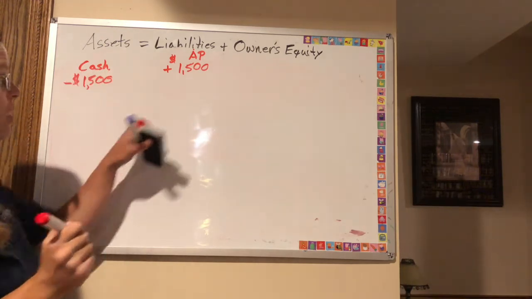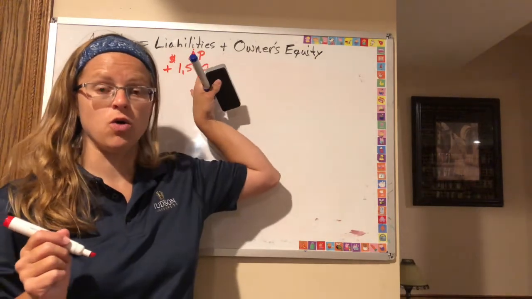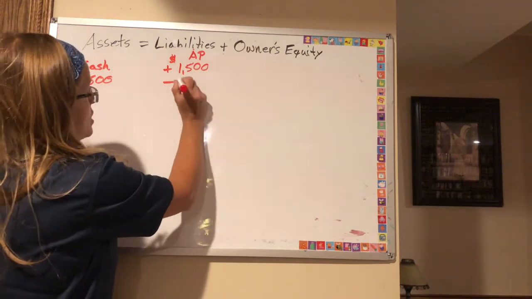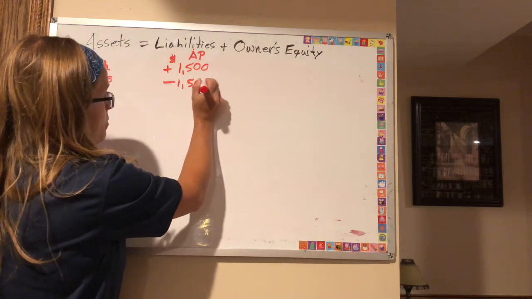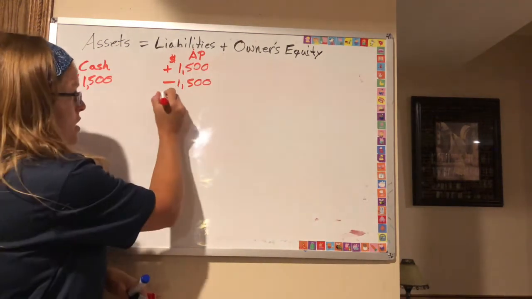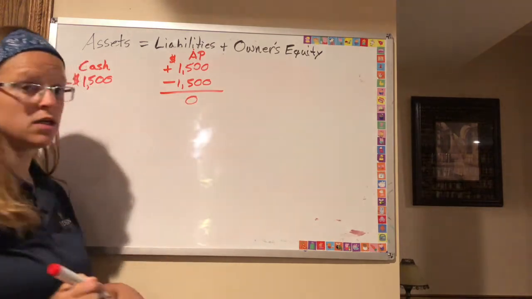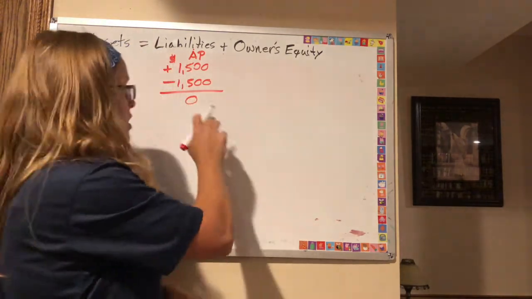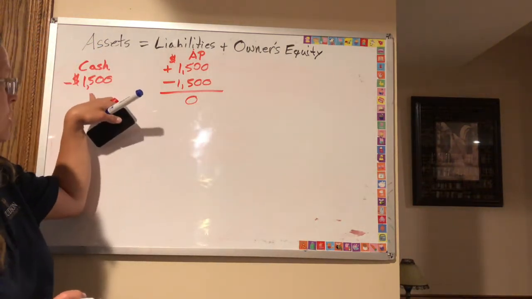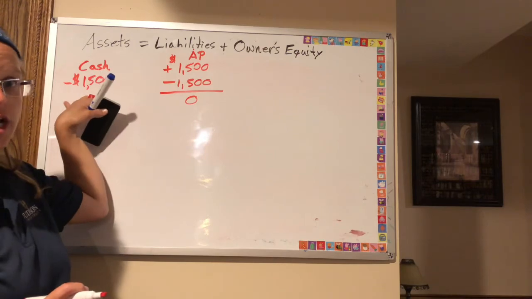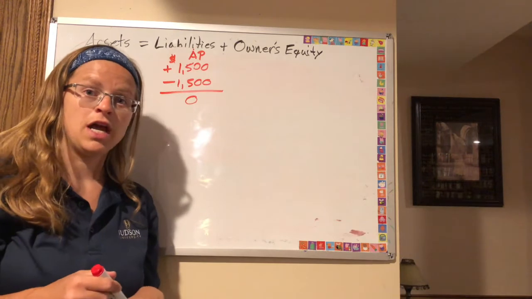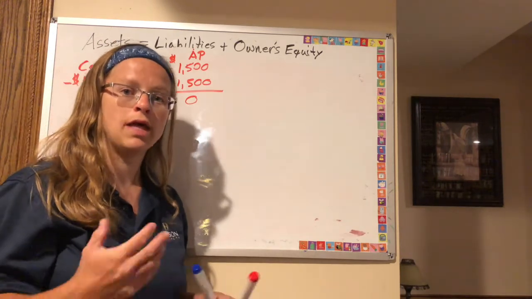Because she's paying off the $1,500 that she owed. The accounts payable account decreases so that she owes nothing in the end. She doesn't owe that $1,500 anymore.